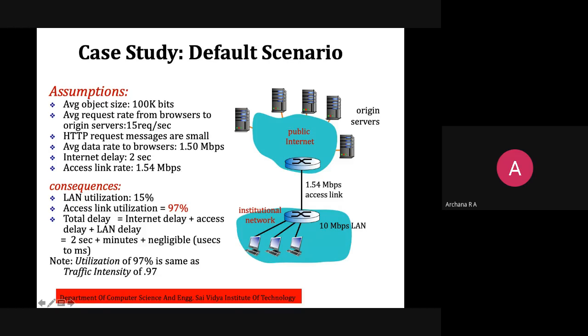Here we have to make some assumptions. This is a default scenario where the public internet is there, and through the public internet you access the origin server. There is one more network called the institutional network, for example, Savidya Institute of Technology.